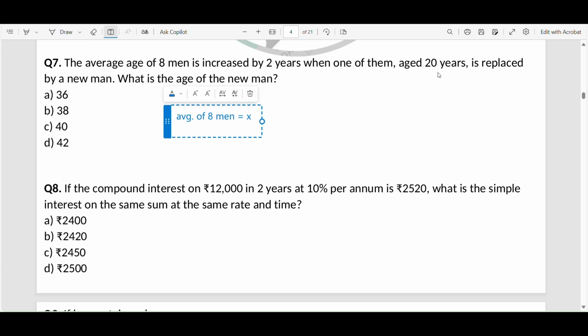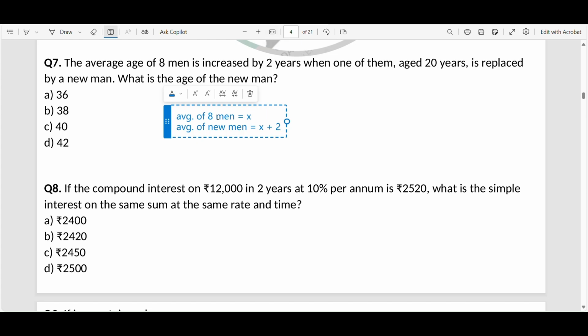One of them is replaced by a new man, means the average of the new group was increased by 2 years, means x plus 2. So now you need to calculate the age of the new man, right?